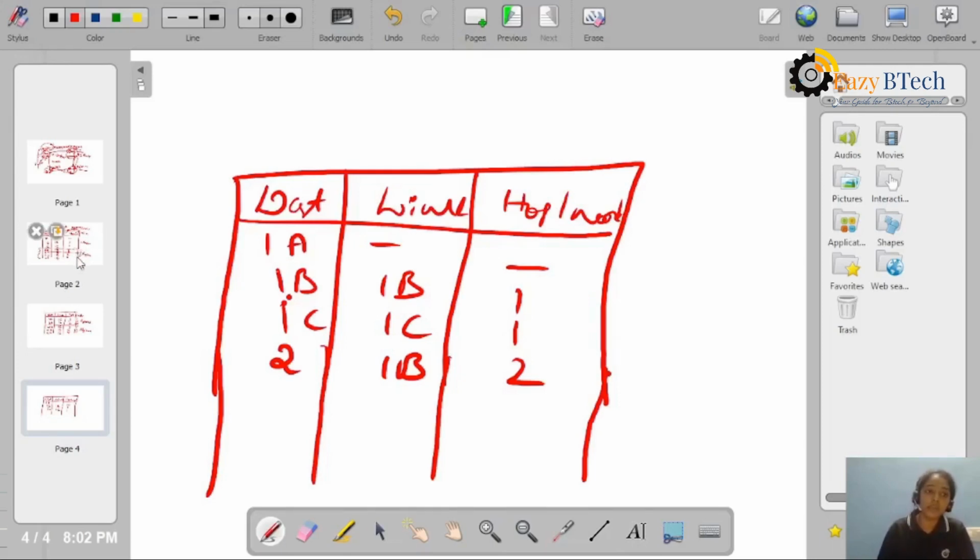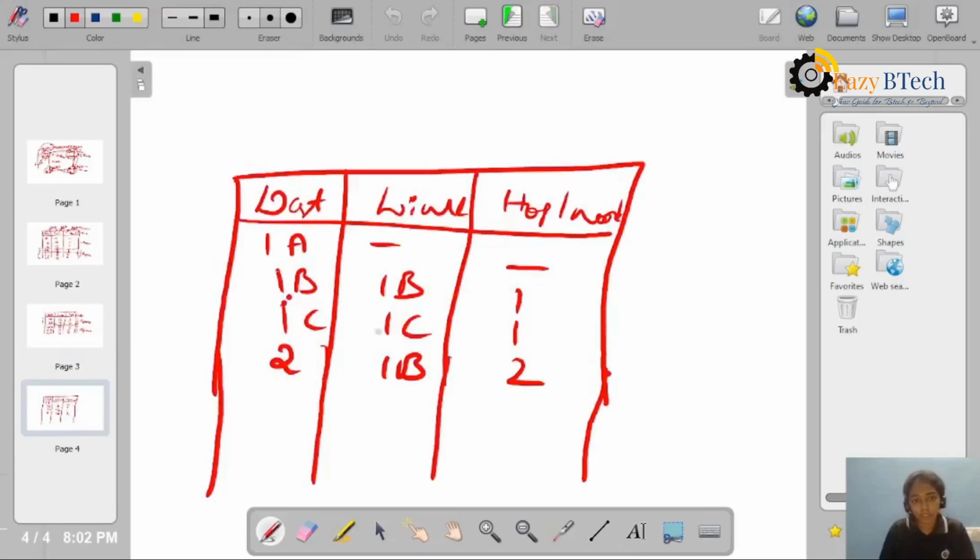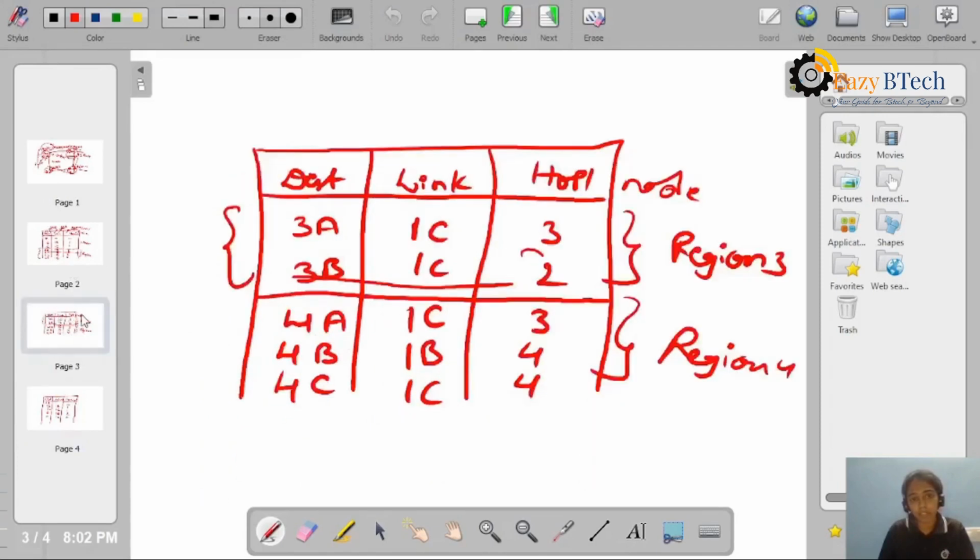So let us take region 3. Okay, region 3: 3A, 3B. Find the minimum. 3B is coming from 1C. So region 3, 1C, 2 hosts. Next, at the same time, region 4, minimum 3.